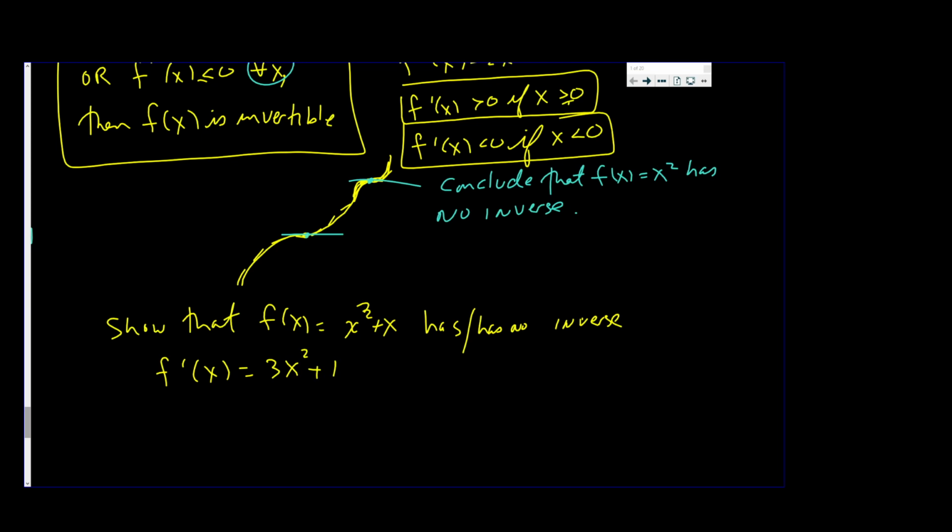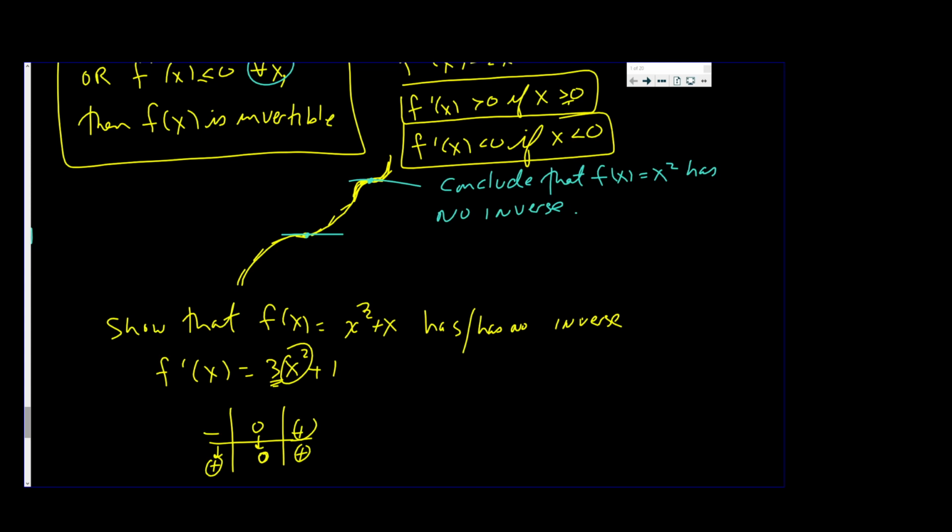Well, I like to think that there's 3 types of numbers. There's negative numbers, there's positive numbers, and there's the number 0. If you square a negative number, you get a positive. If you square a positive, you get a positive. If you square 0, you get 0. If you triple those numbers, if you triple a positive, it stays positive, just like over here. And if you triple 0, it stays 0.